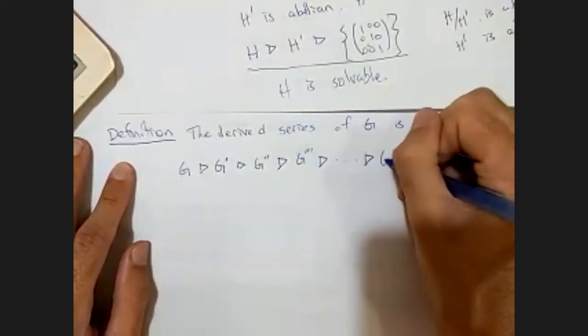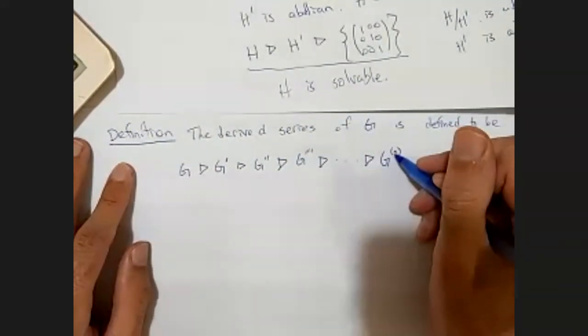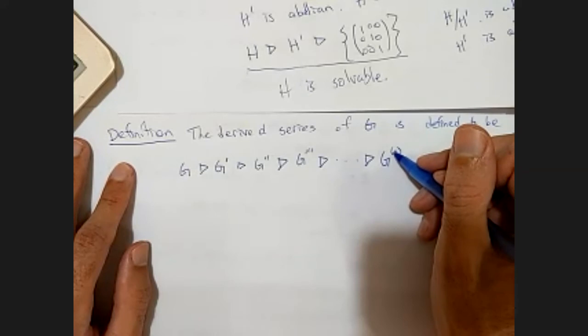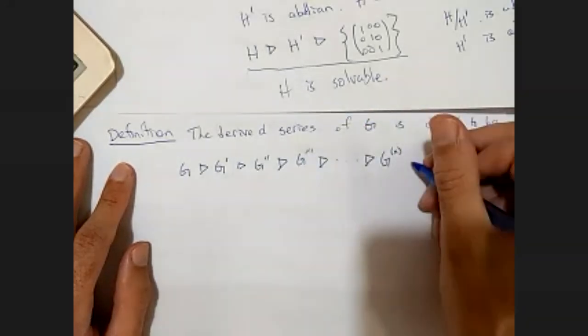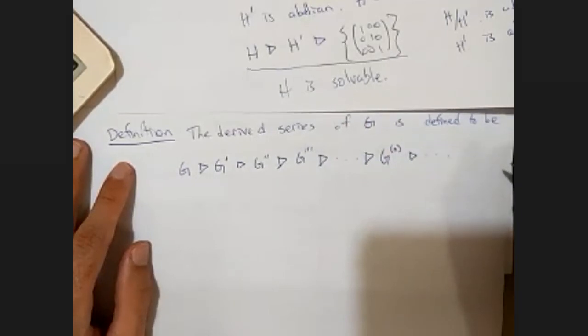In general, G with n in brackets means n primes on the top. Keep on going. That is called the derived series.